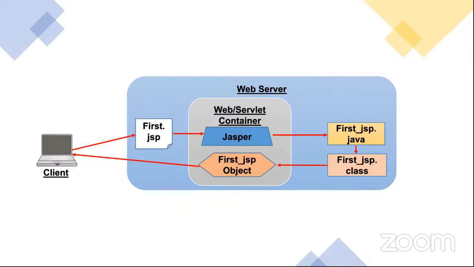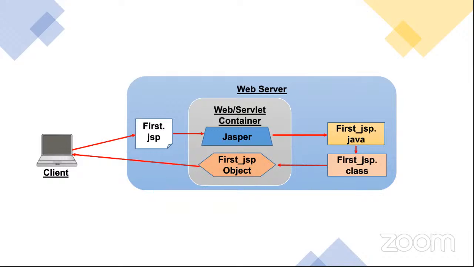And now see here, for the first request, a JSP engine called Jasper, as I said, a kind of converter, is available with the container and it translates.